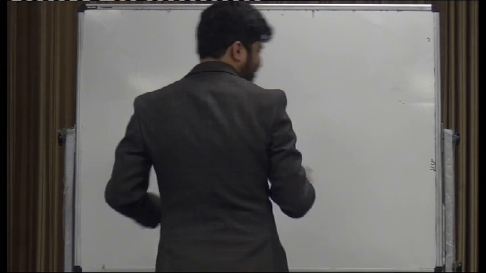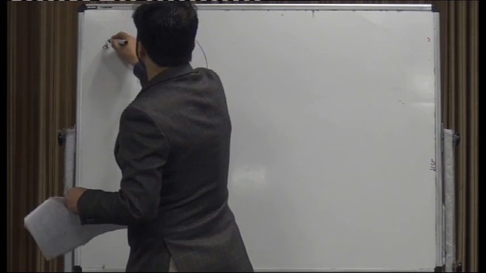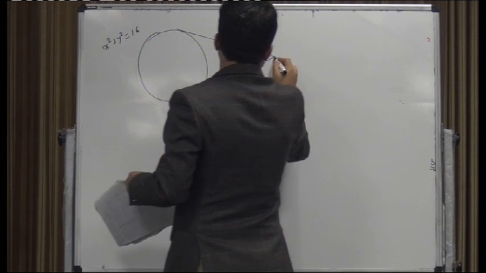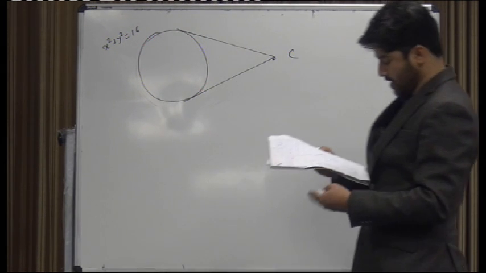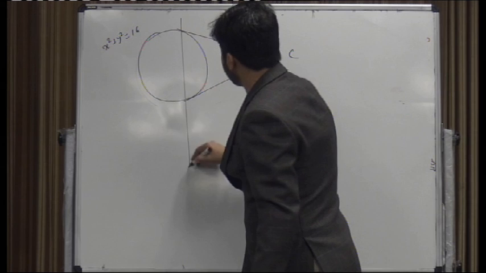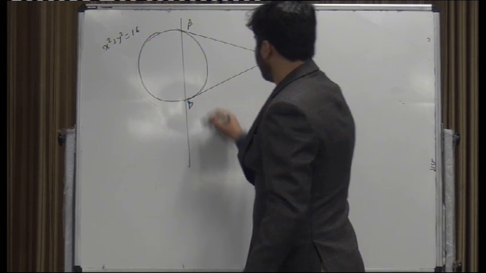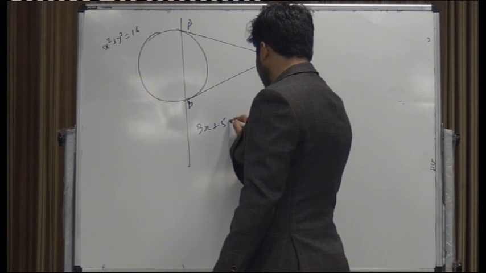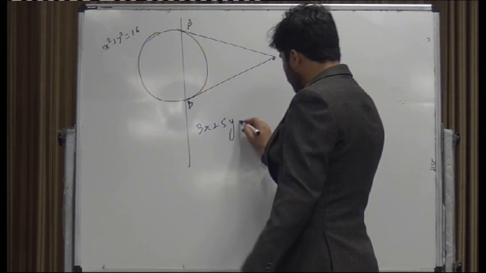So you have this circle x² + y² = 16, and then you have this point C, and then you have this line AB, and the equation of the line AB says 3x + 5y = 2.